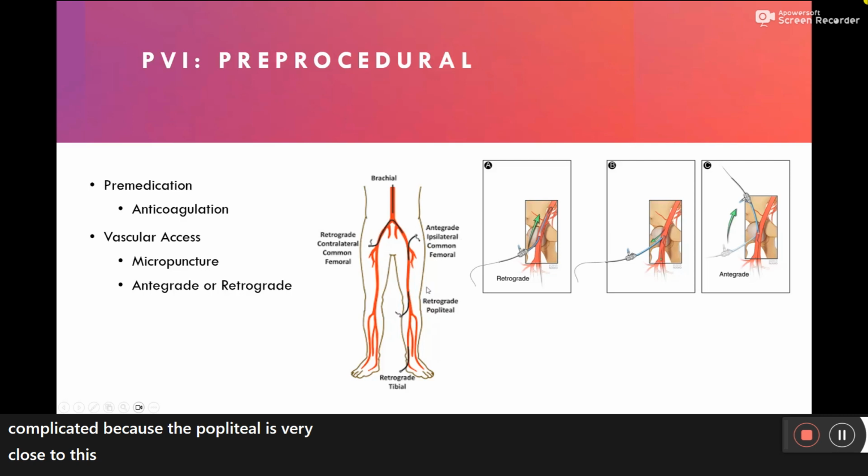And depending on what you want to fix, you don't want to get stuck into a posterior tib or a peroneal or a vessel that you have no intention of fixing. Okay? So something else they're doing, which isn't on here, is they're now getting dorsalis pedis access. They're sticking the top of the foot. Okay? Which again changes the way you drape your patient.